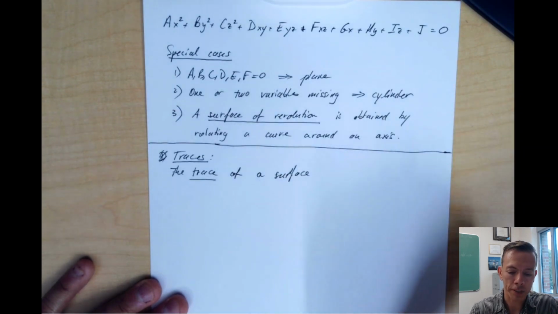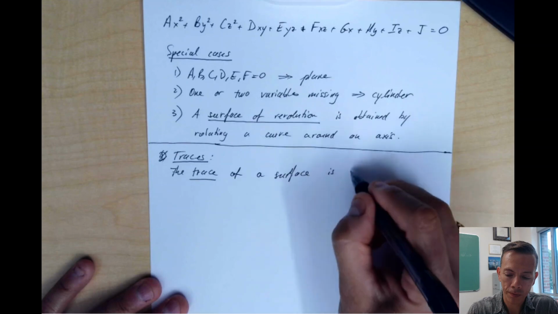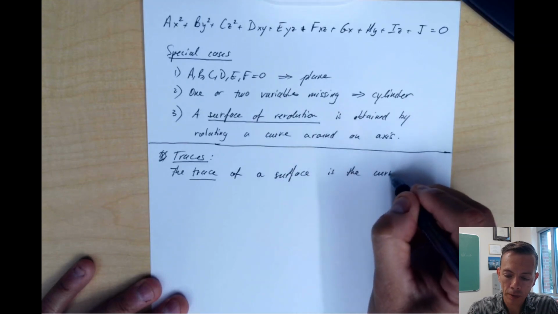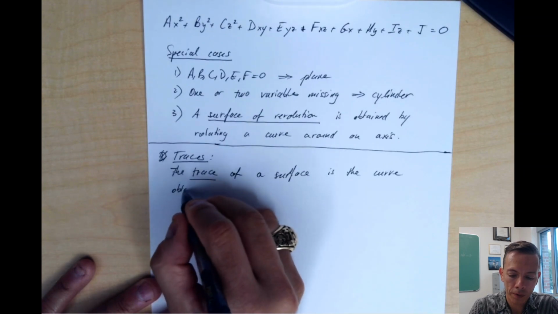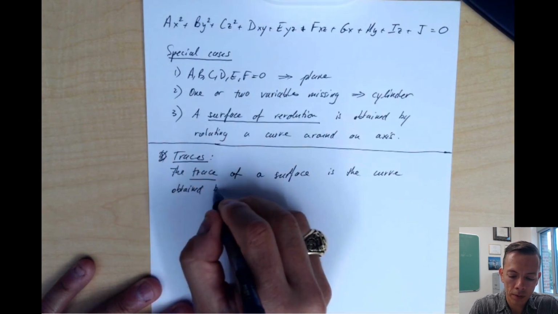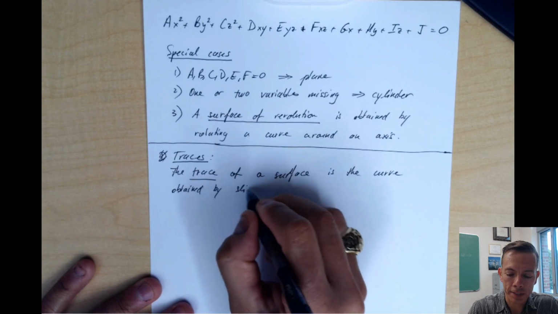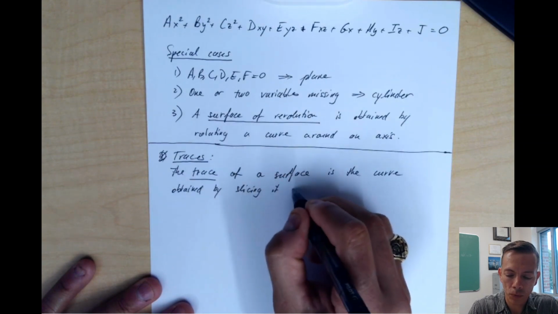The trace of a surface is the curve obtained by slicing it with a plane.